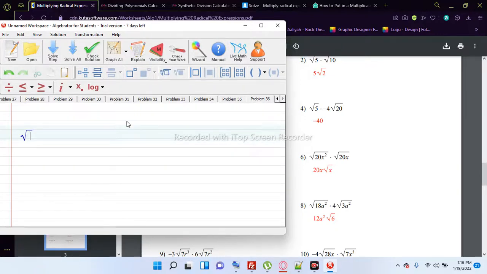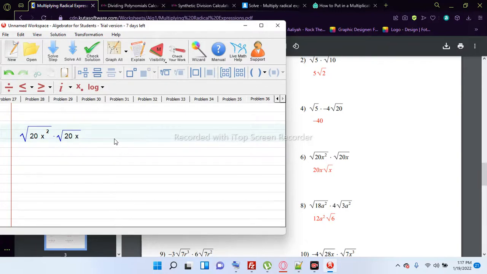You go 20, put in your x. What did I say before? Shift and the 6 key, number 2. Click it right in the front. Shift and the number 8 key. Radical, okay, 20x.